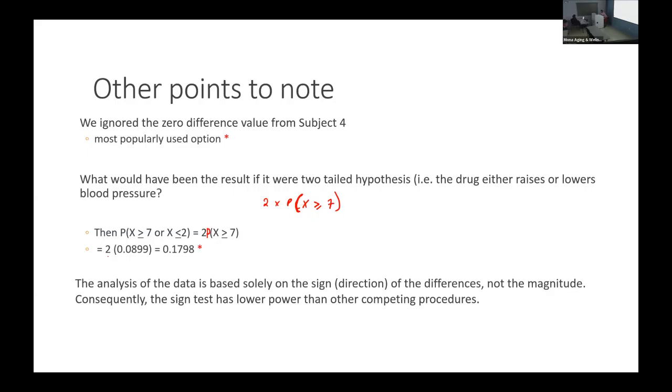So please insert the P right there. And so if we wanted the 2-tail p-value, we would just multiply our 1-tail p-value by 2. And when we did that, this is what we got.